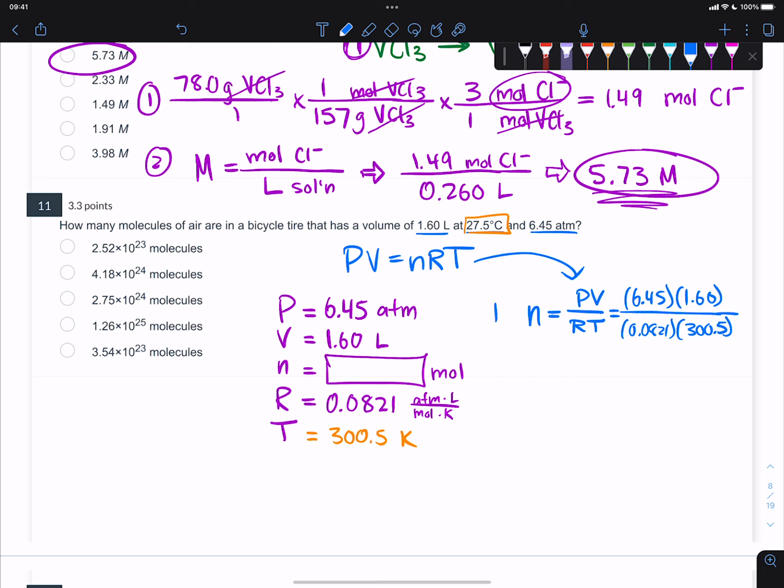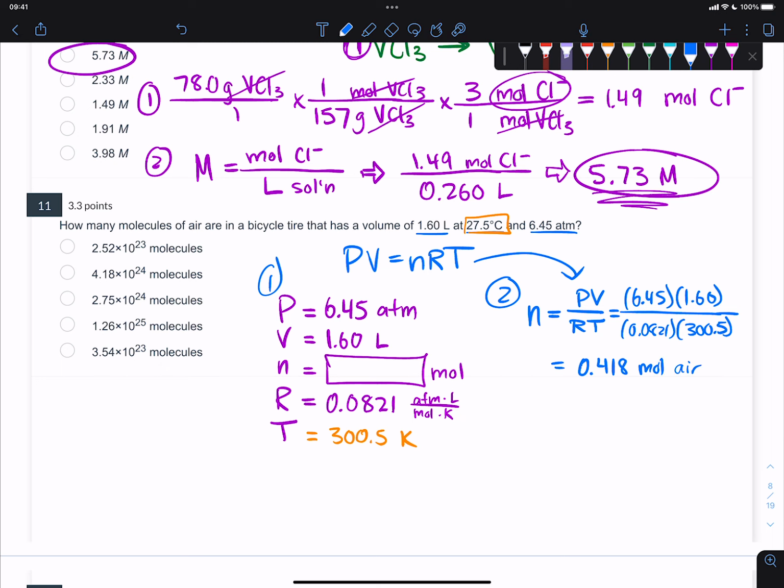It's really step 2. I guess you can call it step 1, set it all up. Step 2, solve for n. When you do this, you get 6.45 times 1.60 divided by the product of these. I got about 0.418 moles of air.